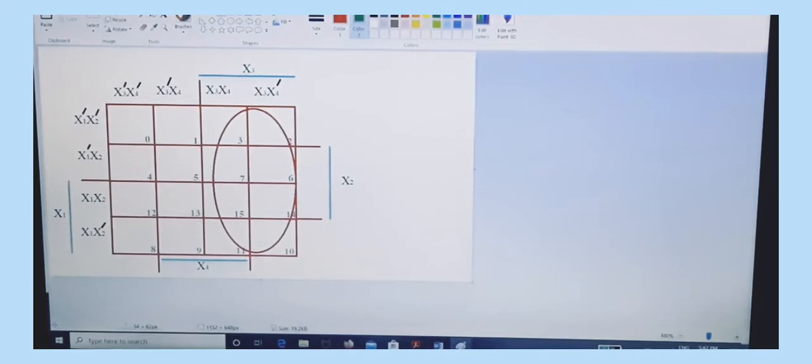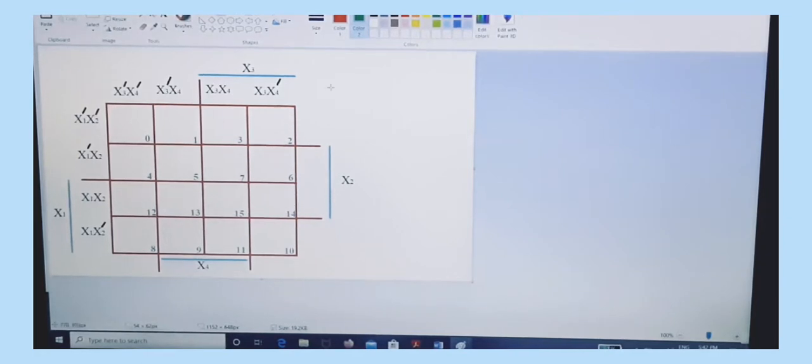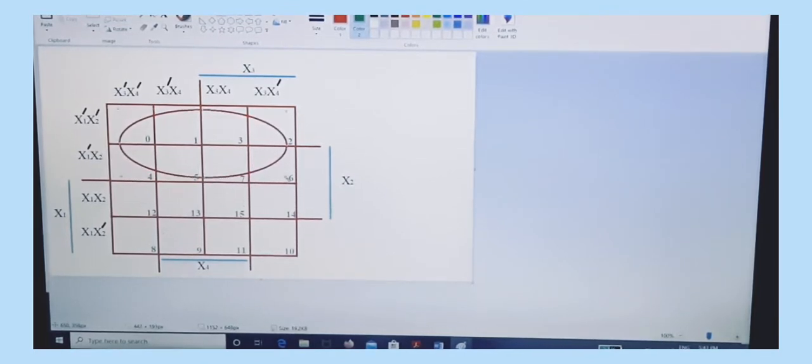Okay. Suppose if we take another 8 cells, say for example, we are taking these 8 cells, and here these 8 cells you can see corresponding to what variable? See, the remaining 8 cells are corresponding to x1.